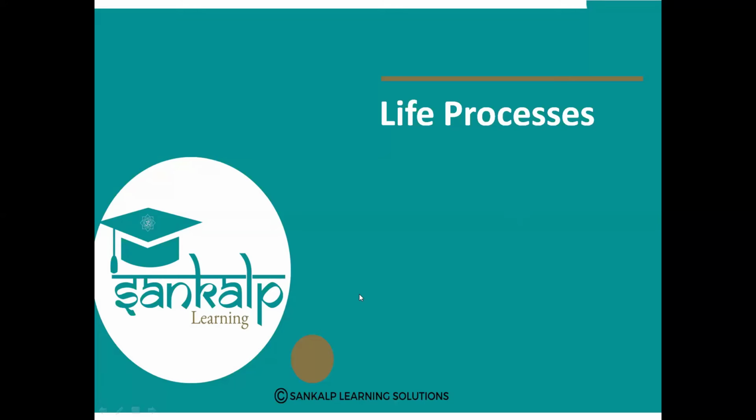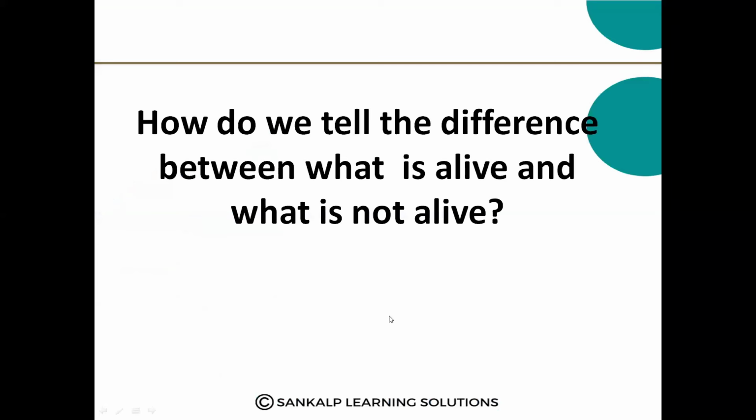So, students, let me give the answer. How do we tell the difference between what is alive and what is not alive? You know the living organisms perform some activities like reproduction and movement, and very different activities which are not present in non-living things, right?